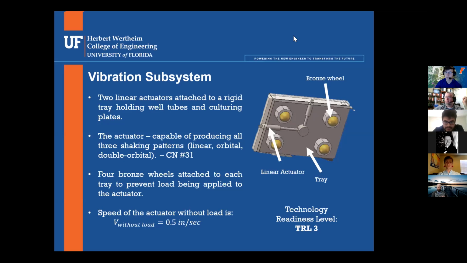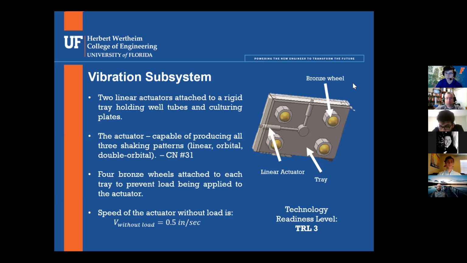So the vibration subsystem has two linear actuators, and they're each connected with ball joints, which allow a little bit of rotational motion. Okay, with the actuators not bent if the other axis is moving. The bronze wheels here will prevent it from bending vertically, and the ball joints allow it to bend in the other directions diagonally.